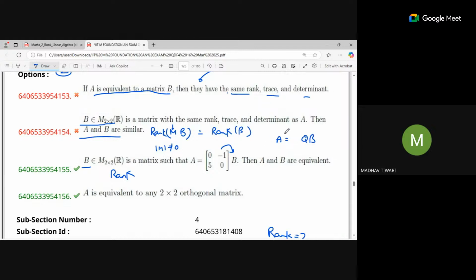The rank of A will be equal to the rank of QB, and Q is given here; its determinant is non-zero, so its rank will be equal to the rank of B. Is that clear? Okay, sir. So it's a property that in multiplication, if one of the matrices is invertible, the rank depends upon the other matrix's rank.